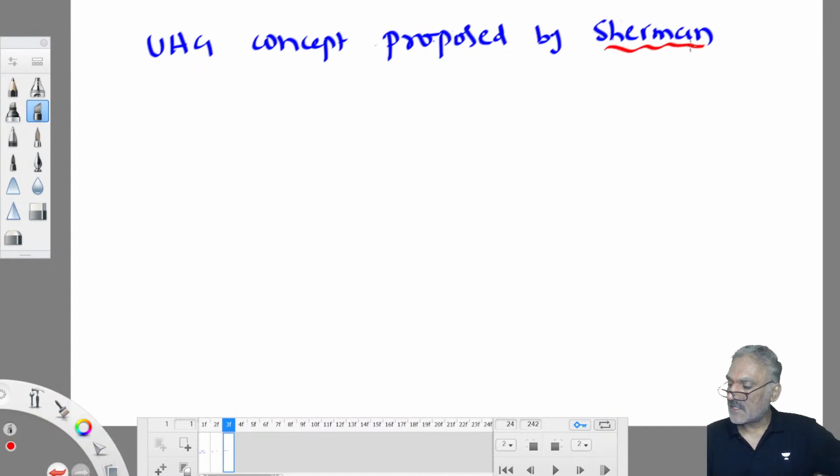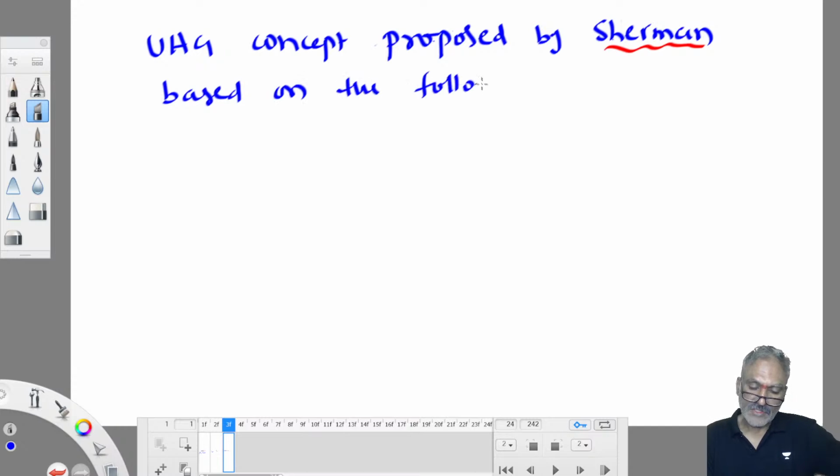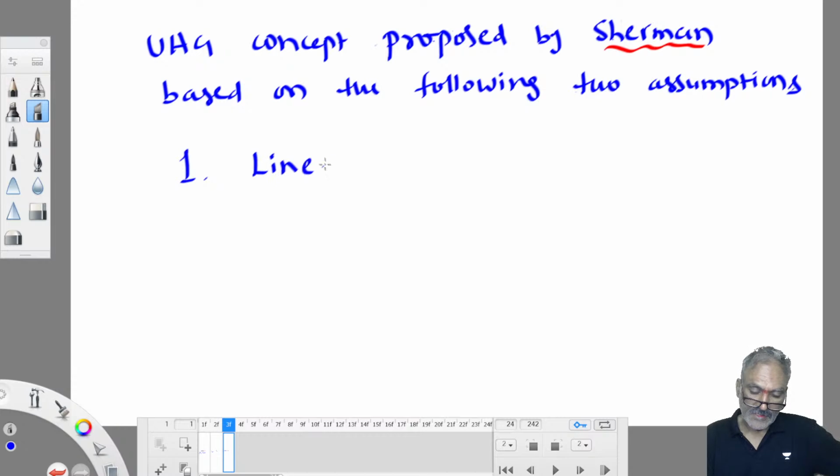This question is also asked in competitive exams, JEE exam, SSC JEE exam and all. Sherman's unit hydrograph is based on the following two assumptions. Assumption number 1 is linear response.